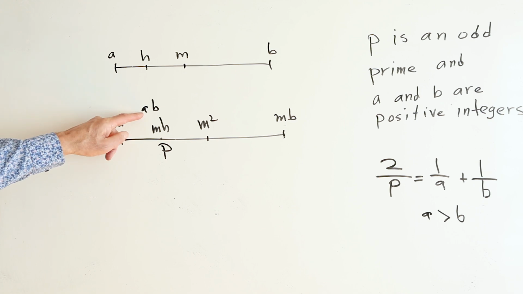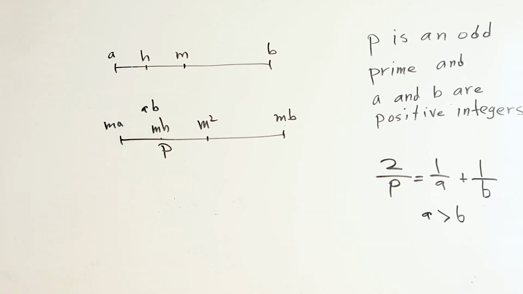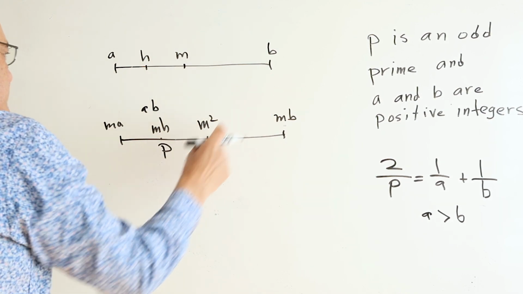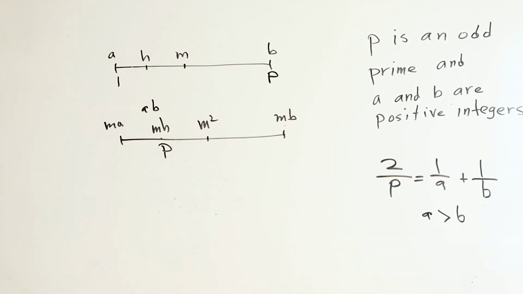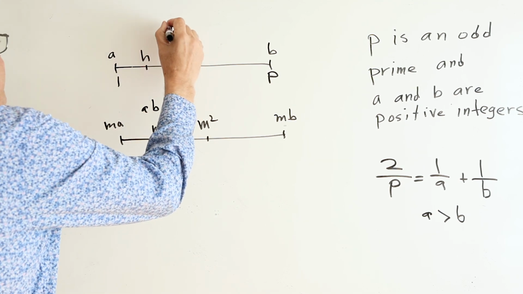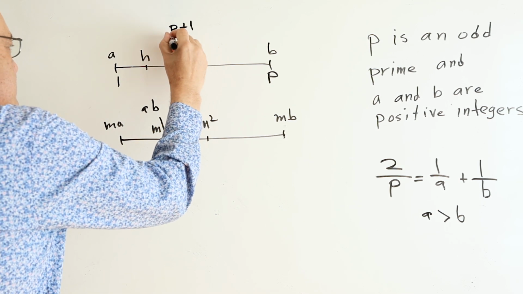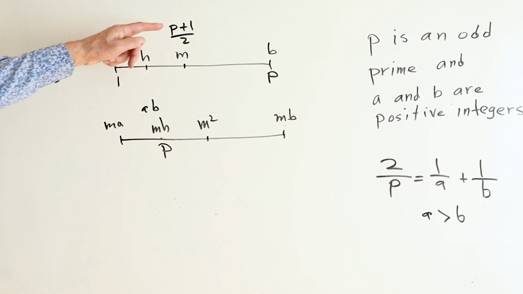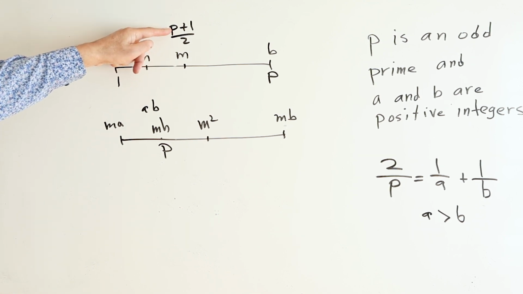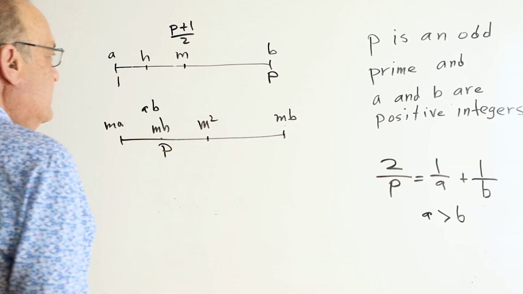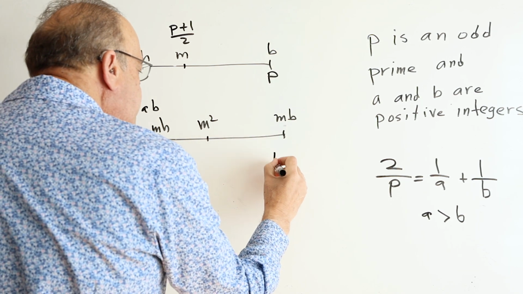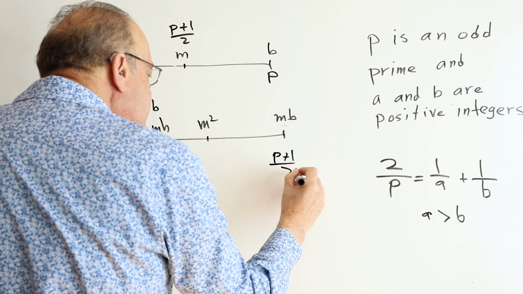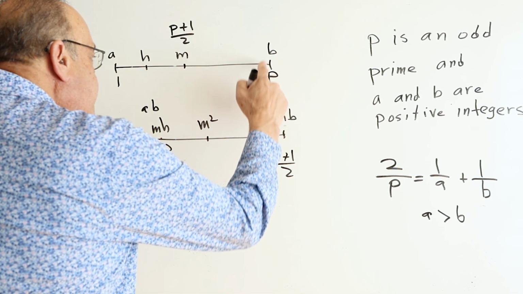Since A times B is a prime number, and I want A and B to be whole numbers, this has to be 1 and this has to be p. That means M is p plus 1 divided by 2. And so when I'm multiplying by M, I'm really multiplying by p plus 1 divided by 2. When I go from here to here, it's going to be p plus 1 divided by 2 times p.